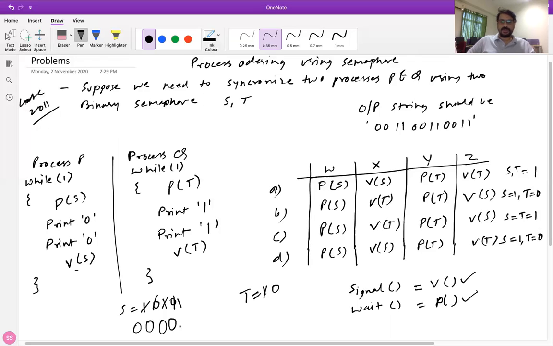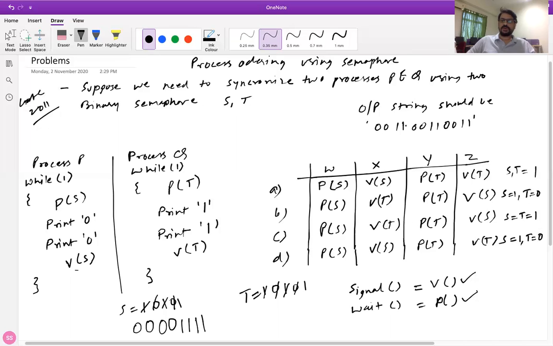Now it will print 1 1, and then vt means it will make a signal, incrementing the value of t by 1. Now we have the option that either P can process or Q can process. There is no restriction on which one will process. Let's say again Q wants to execute, so it can execute, and it will just print 1 1, and then again it will become 0, and once it goes out, it will become 1.